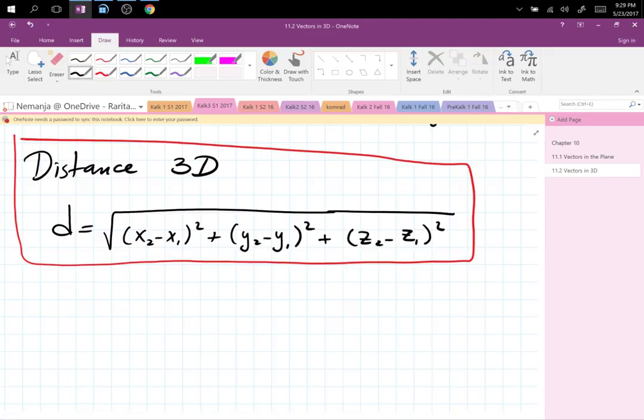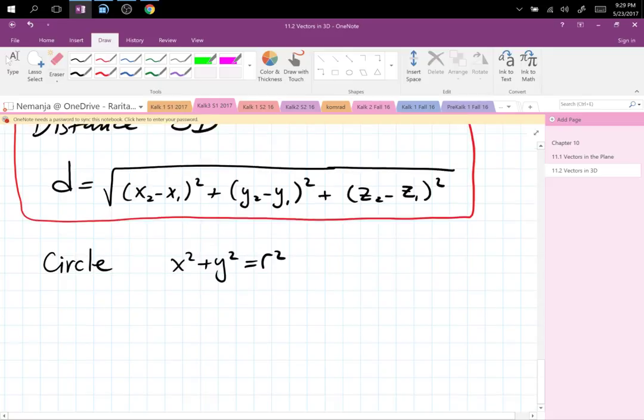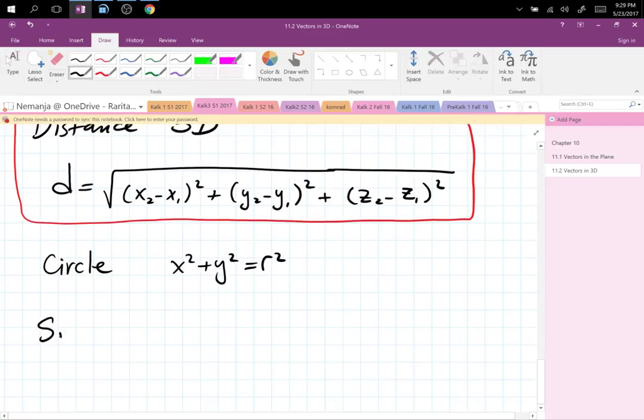Sphere. Well, that's a circle bumped into 3D, right? So circle used to be x squared plus y squared equals r squared. Now sphere will be x squared plus y squared plus z squared is equal to, let's use r squared.